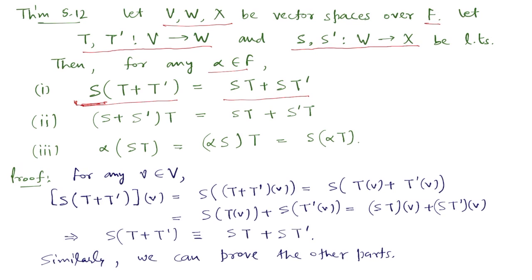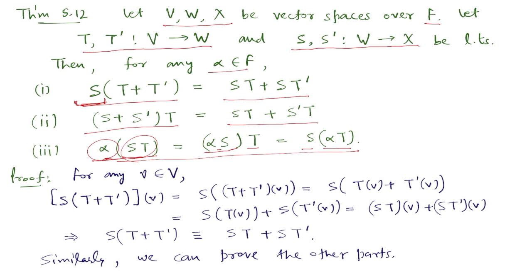This is the left distributive law, and S plus S dash times T is equal to ST plus S dash T, the right distributive law. And third thing is that alpha times ST is equal to alpha S times T, and this is same as S times alpha T. So this is how scalar multiplication and multiplication of two linear transformations, these two operations, are related with each other.